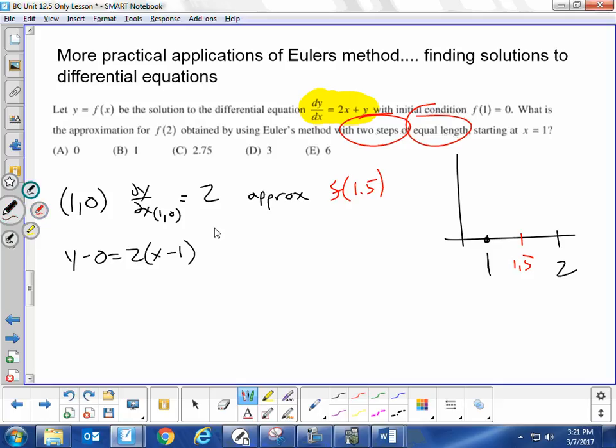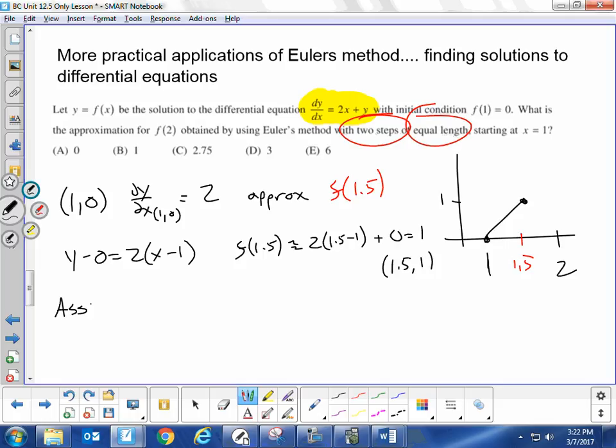Okay? So f of 1.5 is approximately 2 times 1.5 minus 1 plus 0, which is just 1. So, boom. 1. So now I have the point (1.5, 1).